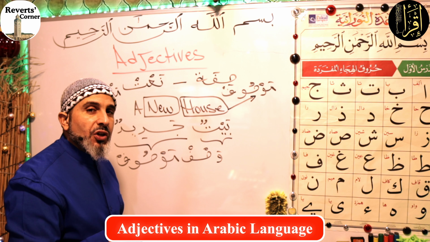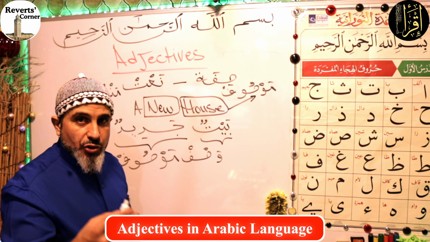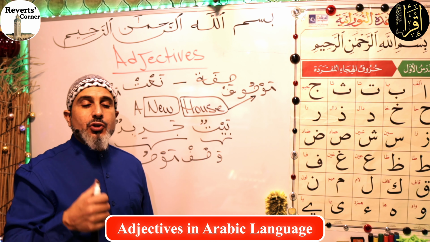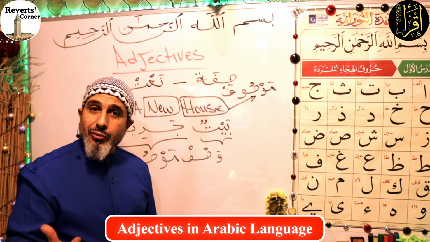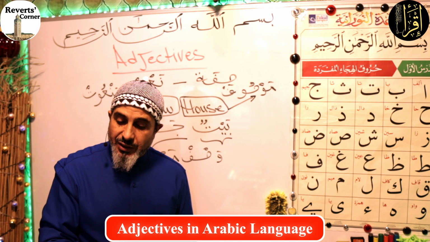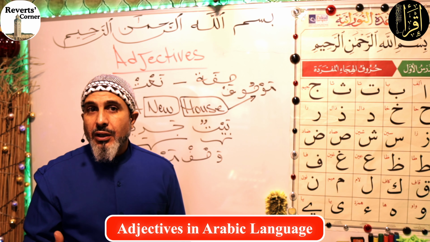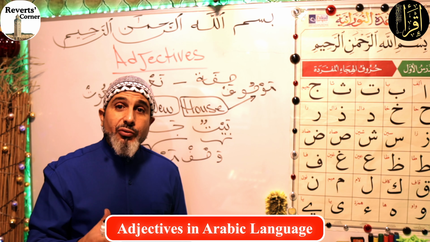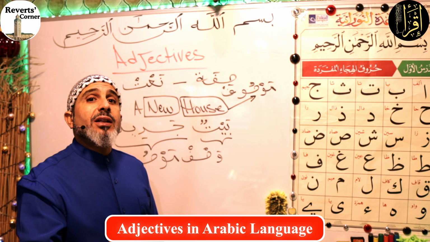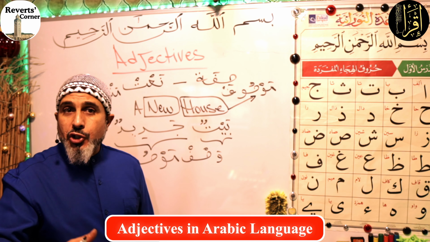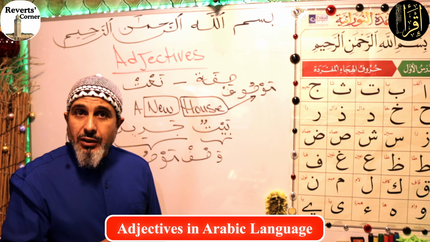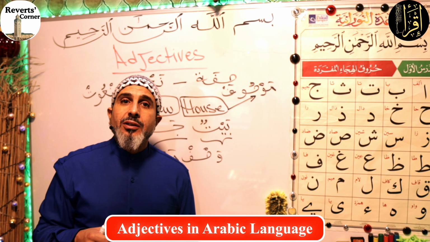How is that? Which means the item you're describing and its description must be the same in terms of gender, male or female, in terms of definiteness or indefiniteness, in terms of number, singular or plural, and in terms of the end case, which is the i'rab, many cases that we'll be studying, inshallah.